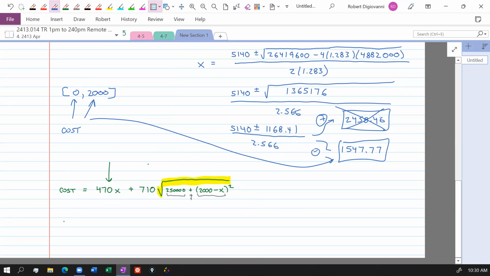Okay, so let's first do the cost at 0. Let's plug in 0 for all the x's. We're going to get 0 here plus 710 square root of 250,000 plus, if I plug in 0 for x, I get just 2000 squared. So this is 710 times the square root of 4,250,000.